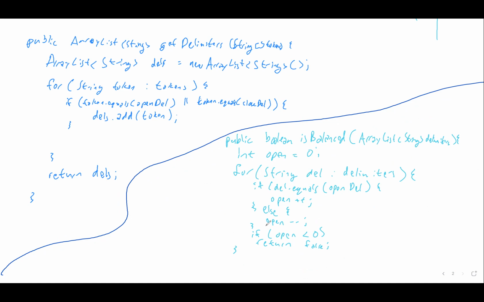So we can actually just return that Boolean comparison: return open equals 0. If it's 0, that means we have an equal number of opens and closes. If it's not 0, we have more opens than closes, so we'll return false. And then we can close our curly bracket for the method.